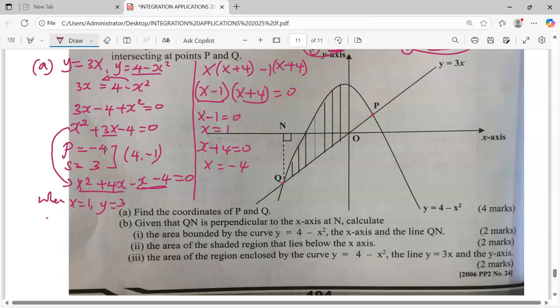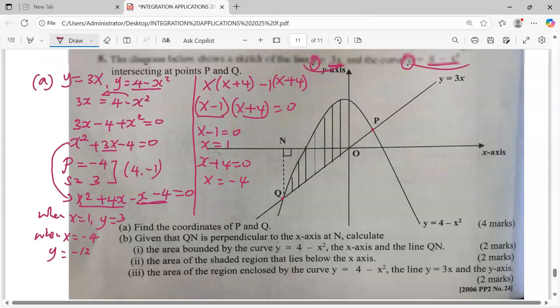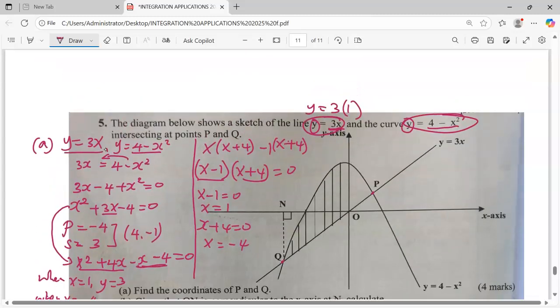And when x is negative 4, then the value of y is going to be negative 12. You simply substitute it in this function here, such that we have 3 times minus 4 giving us negative 12.